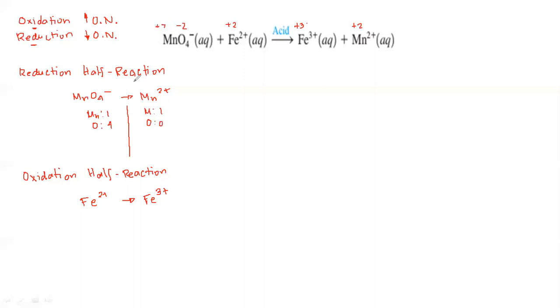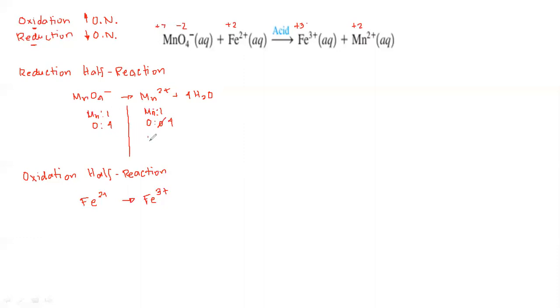The first thing in balancing a half reaction is to balance elements except for oxygen and hydrogen. Since manganese is already balanced, let's proceed now to oxygen. At the left side, we have 4 oxygen, so we need to add at the right side 4 water, or 4 H2O. Now, we have already balanced the oxygen.